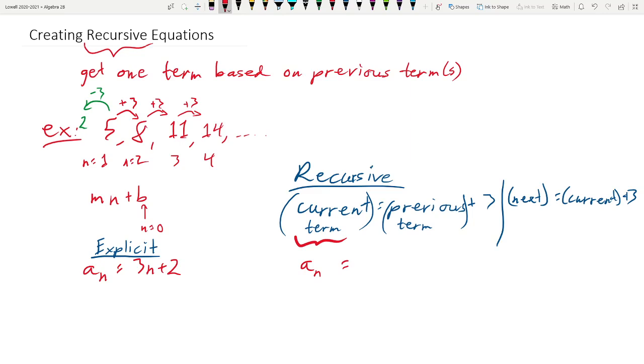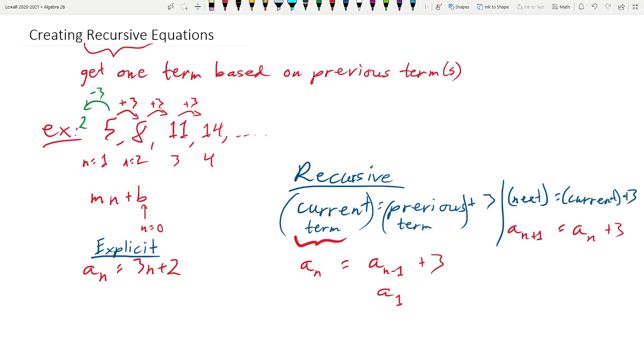So if, for example, this is a sub 2, then the previous term would be a sub 1. And the way I would write that is a sub n minus 1 plus 3. If I wanted to use this notation, then again, the current term is a sub n plus 3, and that gets me to the next term, a sub n plus 1.